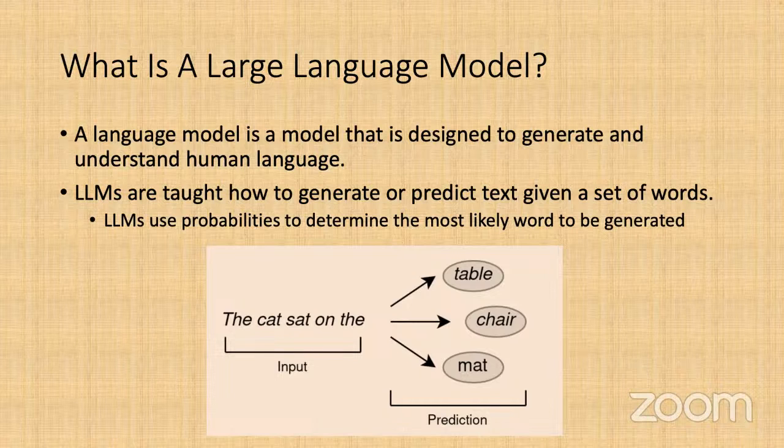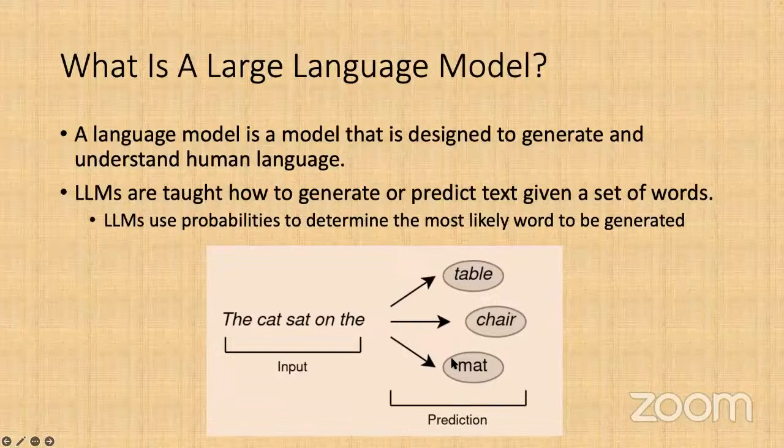So in the image here, say you give the large language model a few words like "the cat sat on the," and then in the background, the model does some math to determine, okay, based on the context that I have here, what is the most probable word that would come next? The better the model, the better the probabilities are.